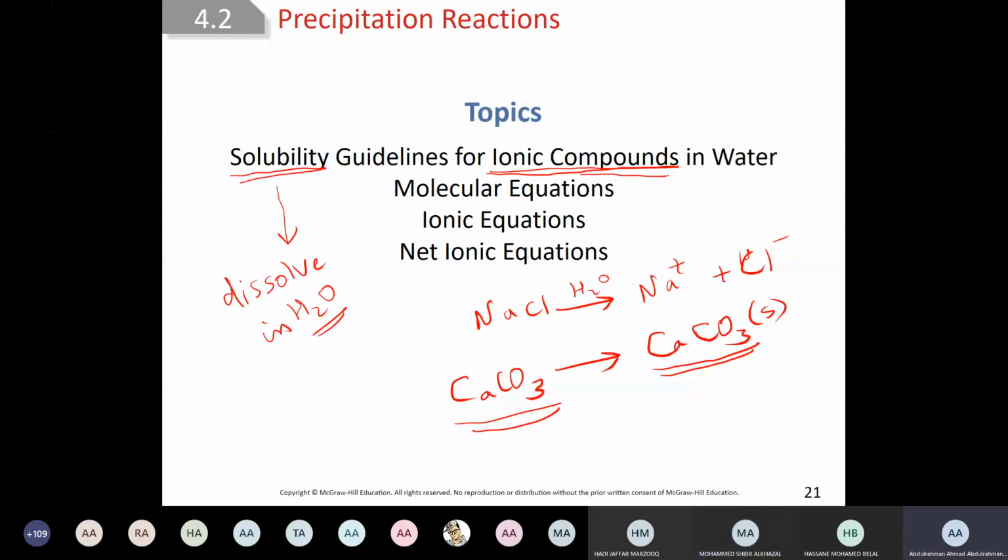But NaCl dissolves in water and gives you aqueous Na plus and Cl minus. We want to learn now which compounds will dissolve in water and which will not. Is this clear?